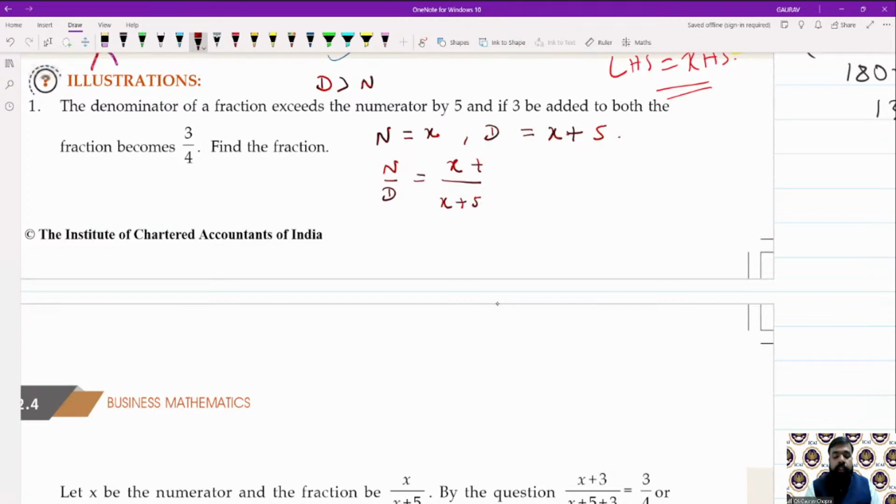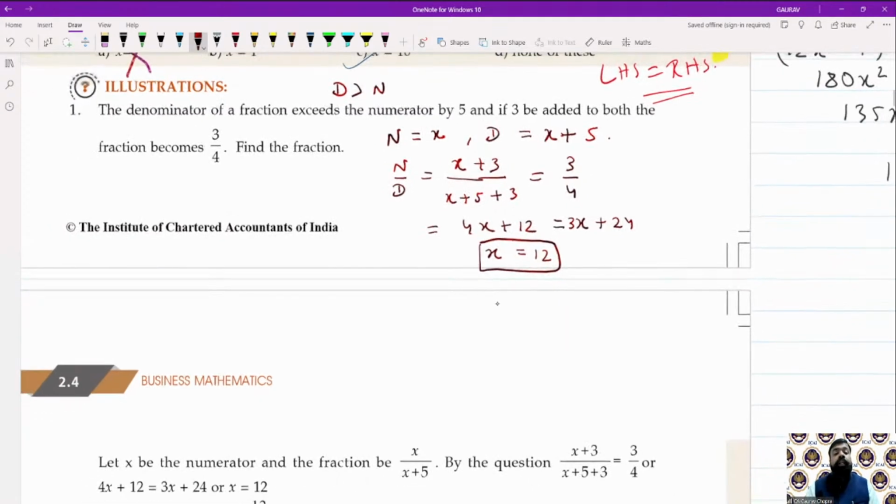Now adding 3 to both, we get 3 by 4. So on cross multiplication, 4x plus 12 is equal to 3x plus 24. So 4x minus 3x is x and 24 minus 12 is 12. So the value of x is 12.